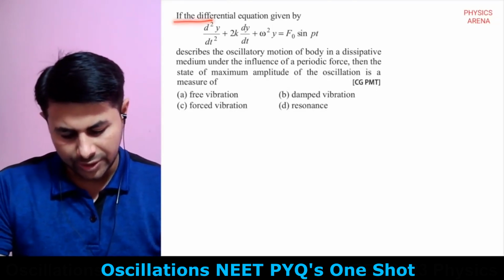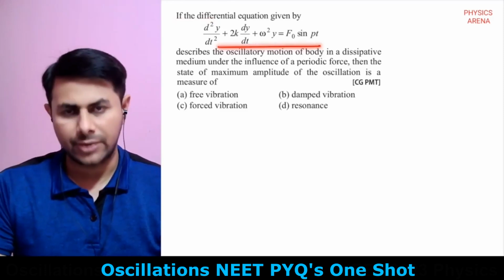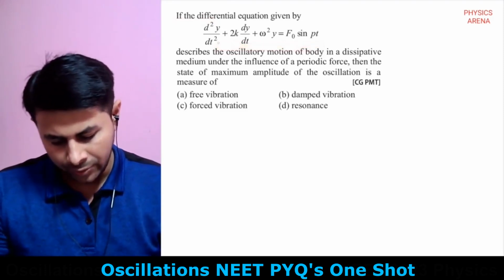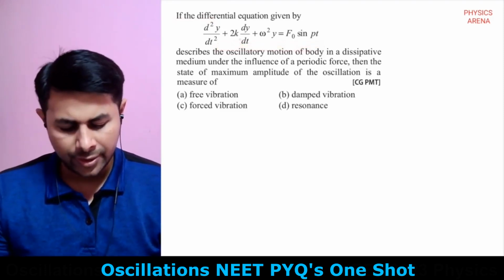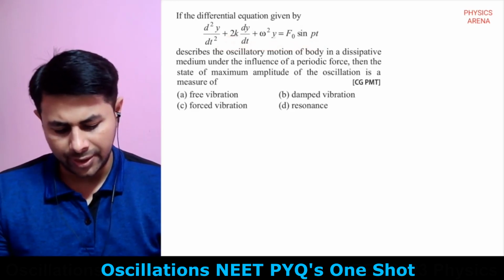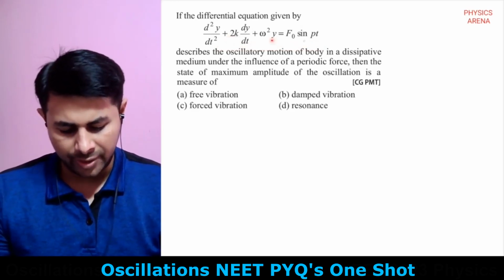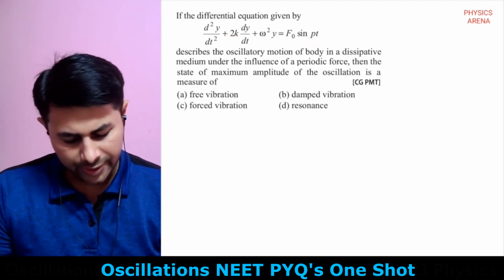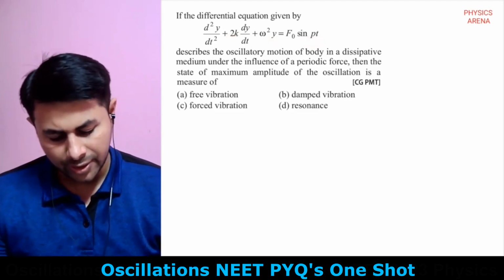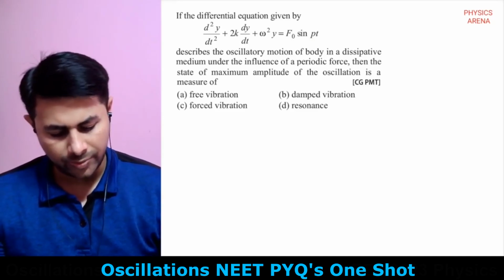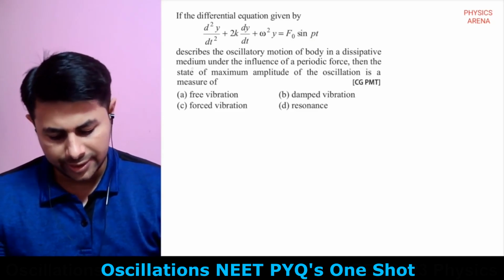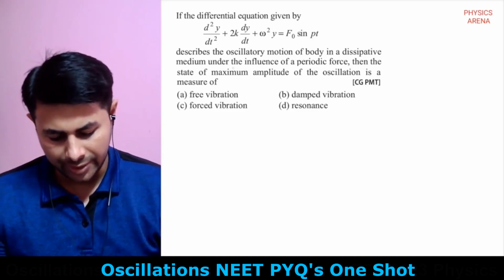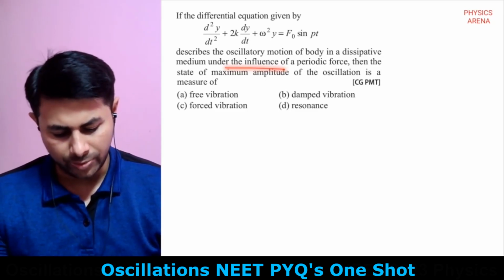If the differential equation is given by d2y by dt square plus 2k dy by dt plus omega square y equals F naught sine pt, it describes the oscillatory motion of a body in a dissipative medium under the influence of a periodic force.